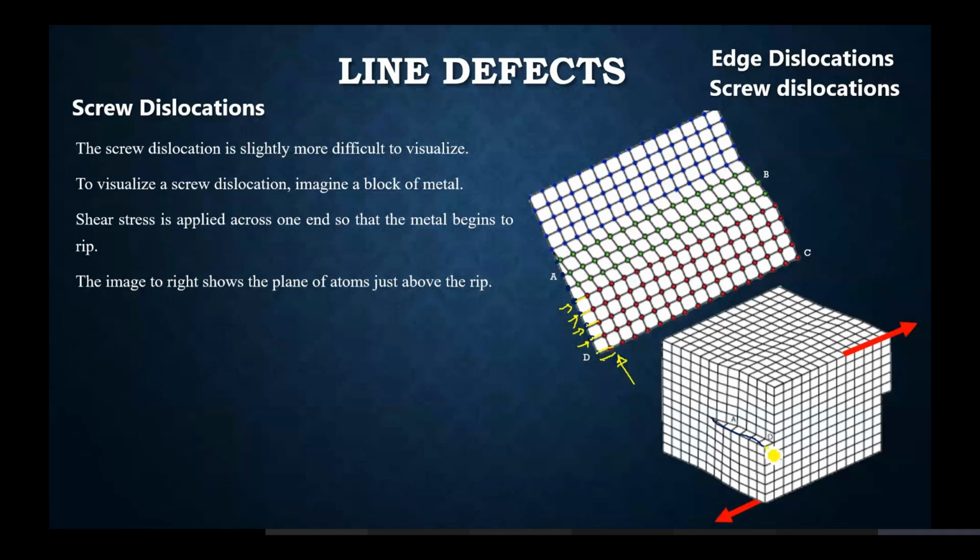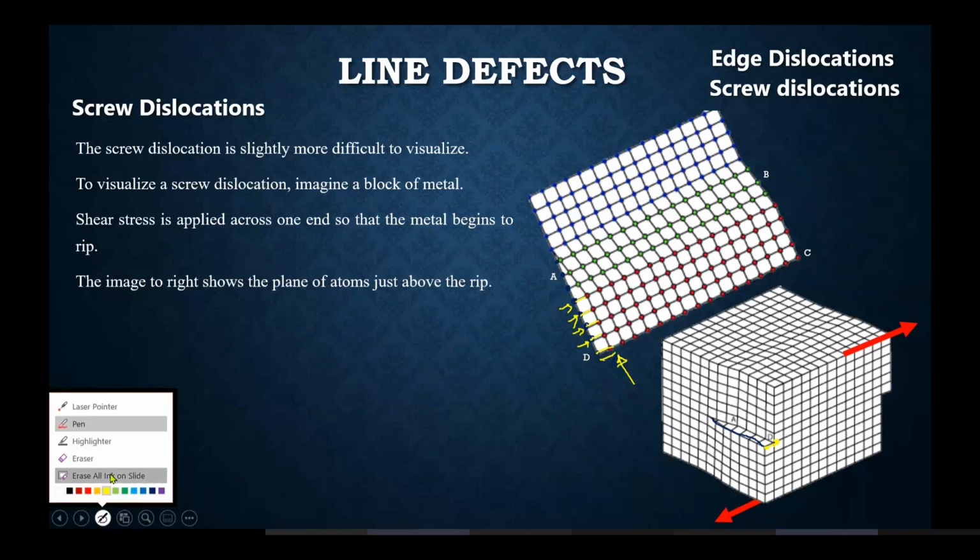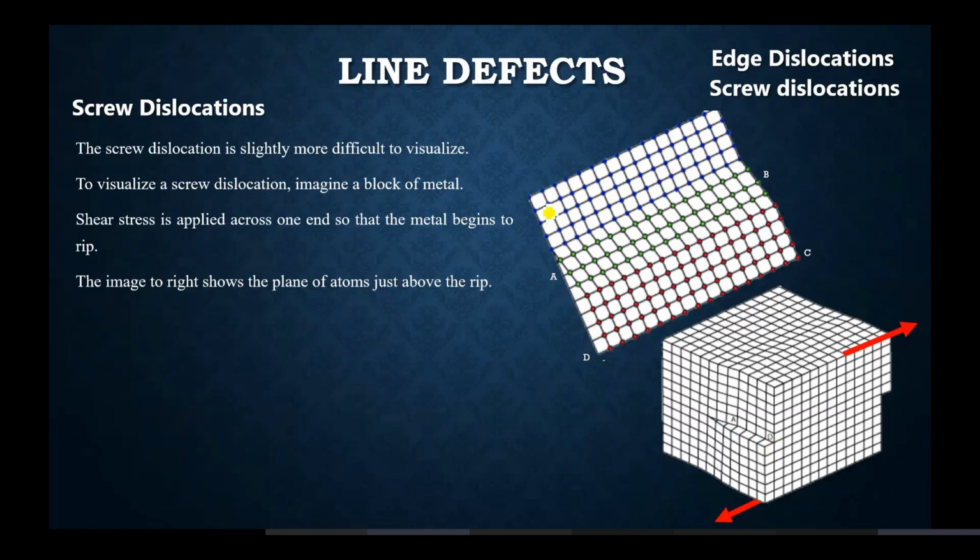Clear? The atom that was lying here has moved a complete atomic distance spacing. Is this clear? Yes sir. And these blue atoms are the atoms which have not experienced the shear stress at the moment. Clear?